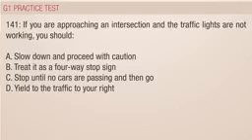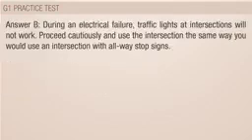D. Yield to the traffic to your right. Answer B. During an electrical failure, traffic lights at intersections will not work. Proceed cautiously and use the intersection the same way you would use an intersection with all-way stop signs.